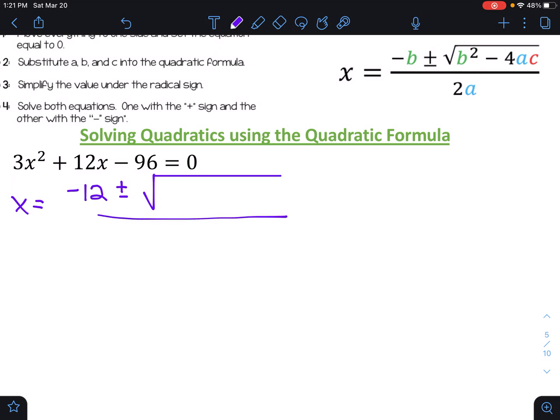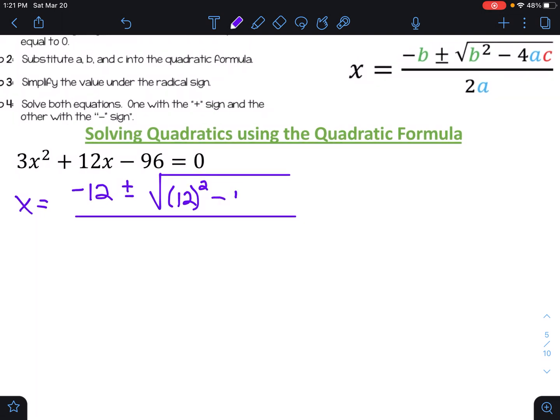Now b squared, so again, this should be in parentheses, 12 squared. Always in parentheses, everything here from here on out. 4 is part of the formula, that will always be there, times a is 3, times c, which we said was negative 96. Okay, and then all over 2 times a, and once again, a is 3.